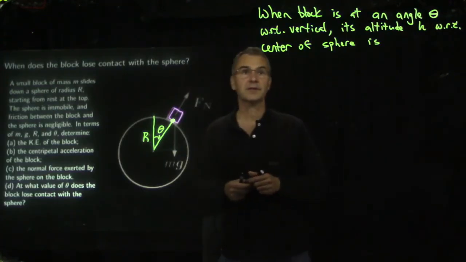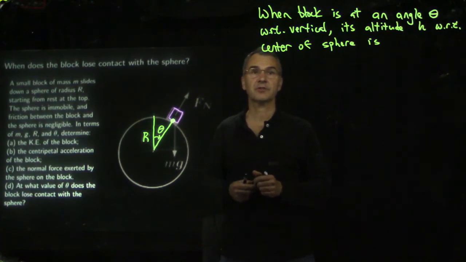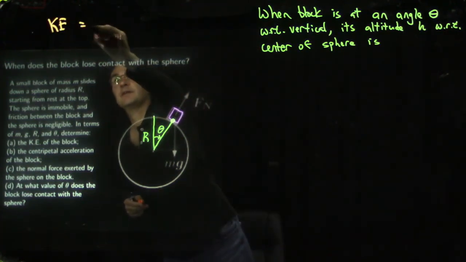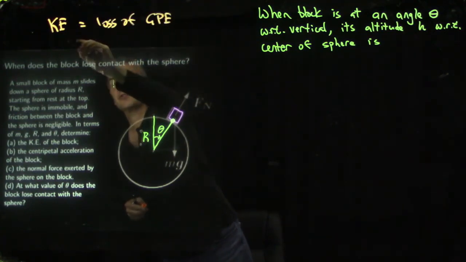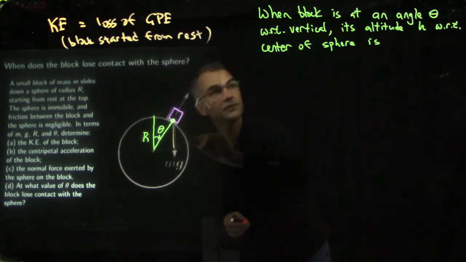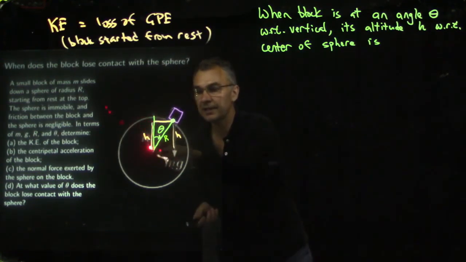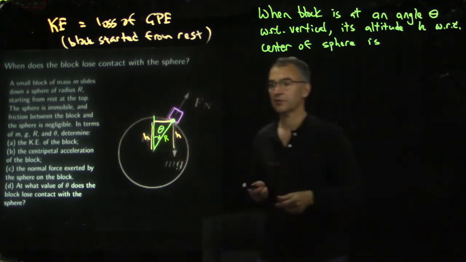So to figure out the kinetic energy, I think we have to figure out the loss in gravitational potential energy. Right, so we use the same argument that the KE equals loss of gravitational potential energy since we started from rest. So this is the height h, so therefore this is also the height h from the center of the sphere out to this point, which is at the same altitude as the point of contact between the block and the sphere right now.